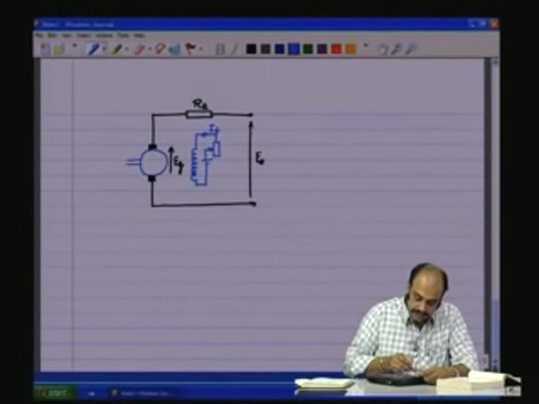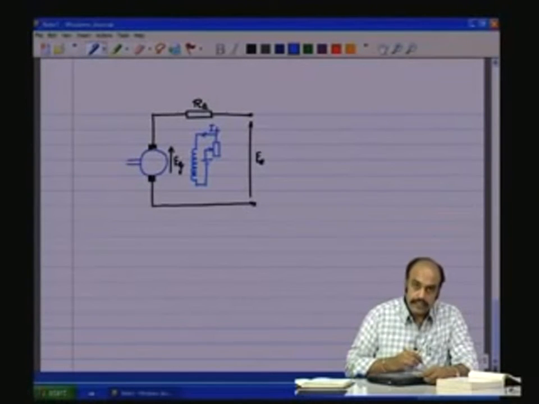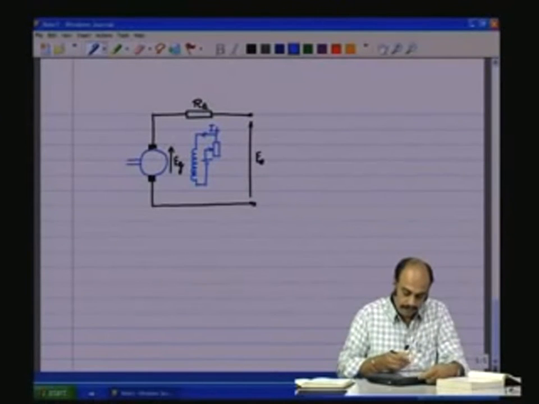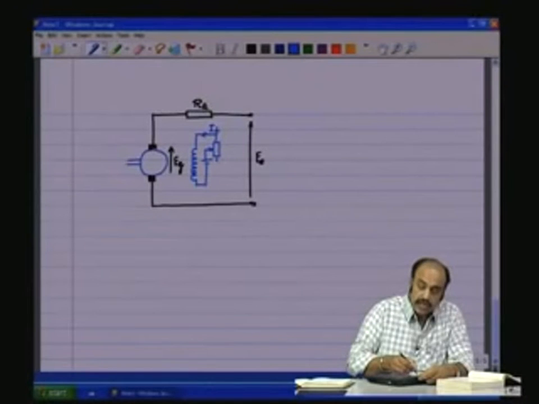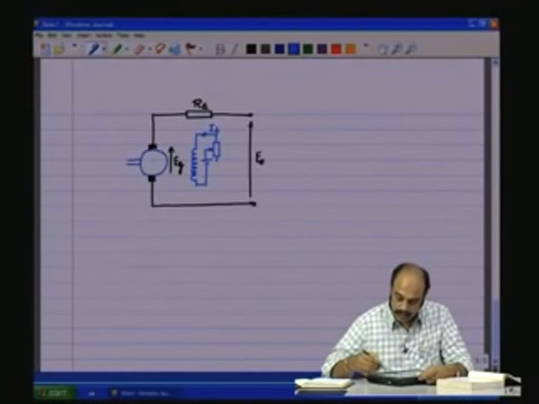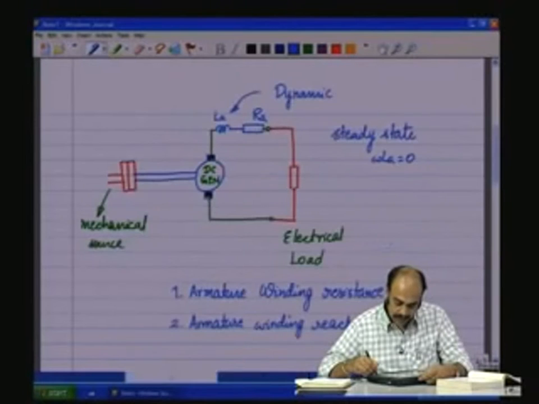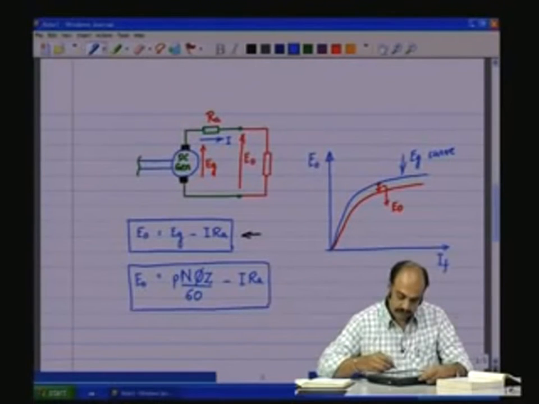So, at different I Fs, one obtains different possible voltage E G. Now, there is a rheostat here which can be used for adjusting the I F, and based on that particular value of I F, the amount of E G that is produced will be determined by this characteristic.